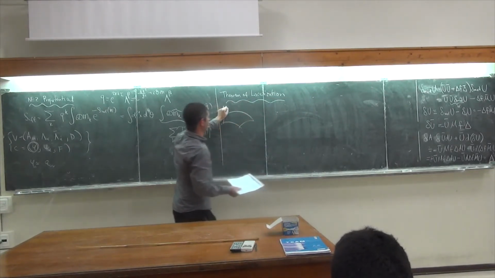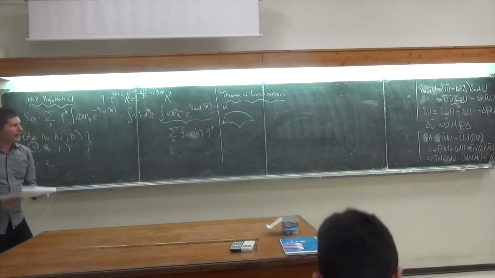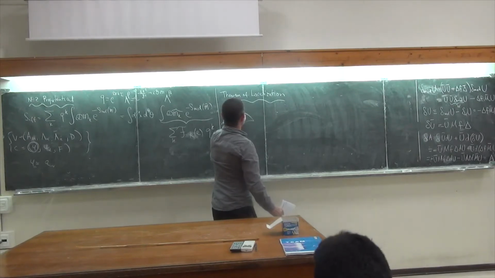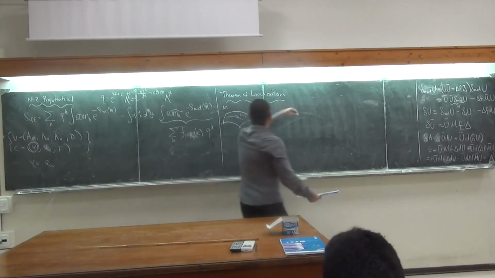Imagine you have a manifold, and you have a U(1) action on this manifold. You have some vector field on this manifold.